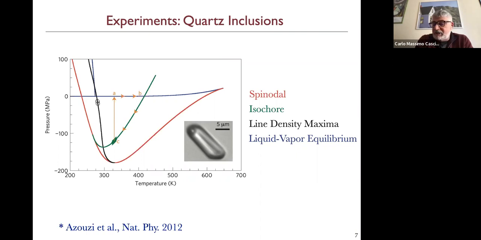Then the quartz is subjected to a thermal cycle in such a way as to first absorb the bubble and then cool it down until the bubble reappears. By doing this kind of experiment, Caupin and his group were able in 2012 to find that the tensile strength of water can go down to minus 120 megapascal, which is a tremendous negative pressure.